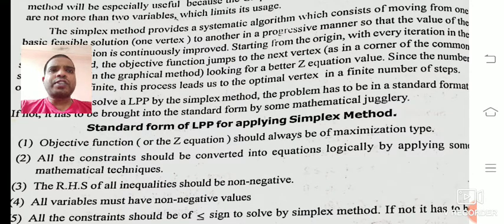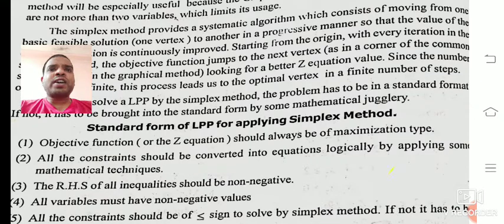You can't use the simplex method for minimization type. And second, all the constraints should be converted into equations by applying some mathematical techniques, the same process and steps as you did in the graphical method.